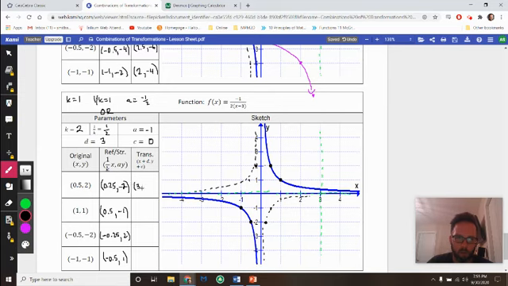So adding 3, 3.25, -2, 3.5, -1. Careful here, 2.75, 2, and 2.5, 1. 2.5, 1, 2.75, 2.